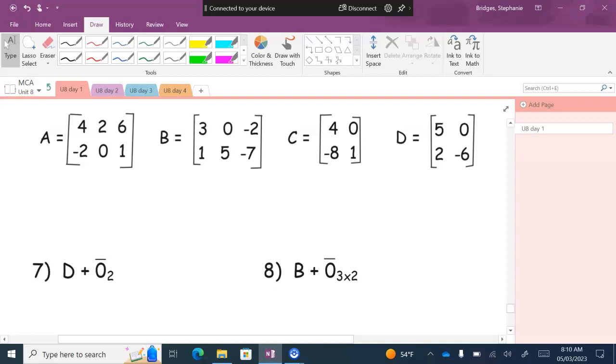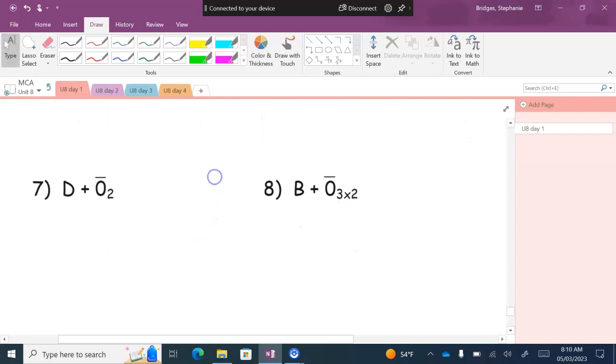But for number 7, it says D plus a 0 matrix, and that subscript is a 2, so that means it's a what size? If it just says 2. 2 rows, 2 columns, a 2 by 2, right? So the first thing we have to check is D a 2 by 2? Yes. So essentially, what that looks like, and not that you need to always write this down, but I'm just trying to show you.